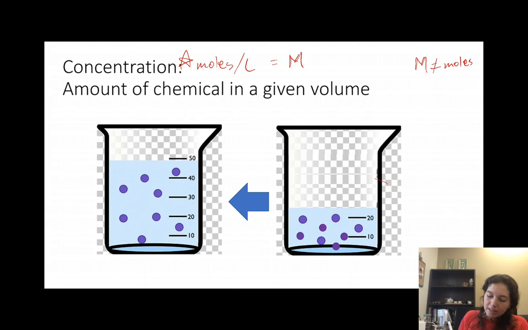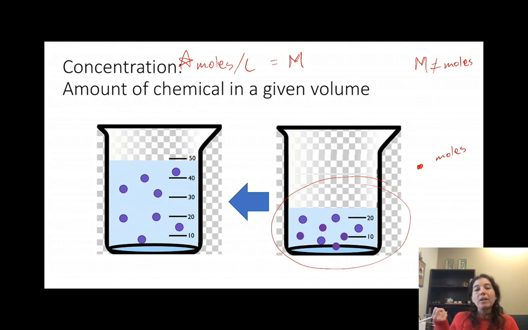Let's take a look at this example here. So these little dots here represent moles. If we wanted to find the concentration of this solution here, we're going to say this is 25 milliliters. We can see that we've got 1, 2, 3, 4, 5, 6, 7, 8 moles in here, and it's in 25 milliliters.